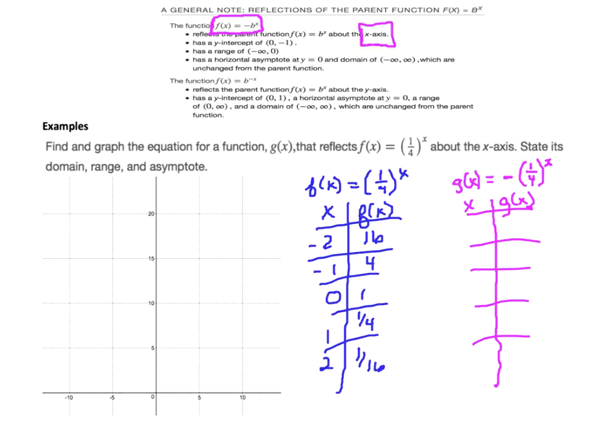Our b value is between 0 and 1, so we have a decreasing function here. I'm going to go ahead and put this onto the graph. -2, 16, just for comparison purposes, -1, 4, 0, 1, 1, 1/4, 2, 1/16. So we're decreasing rapidly here.